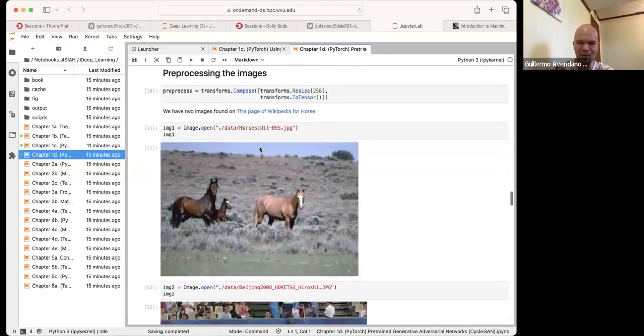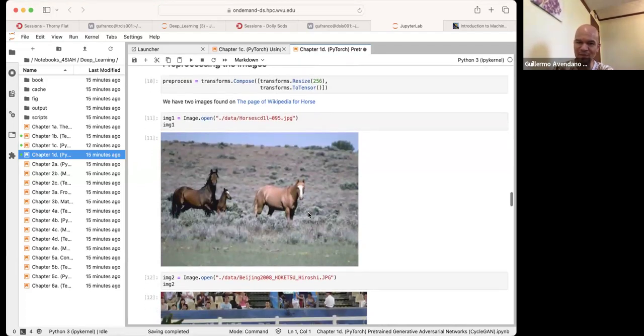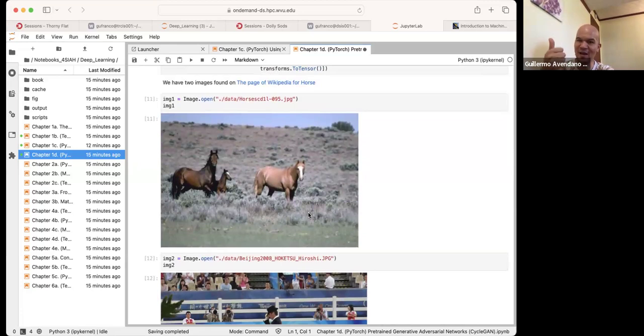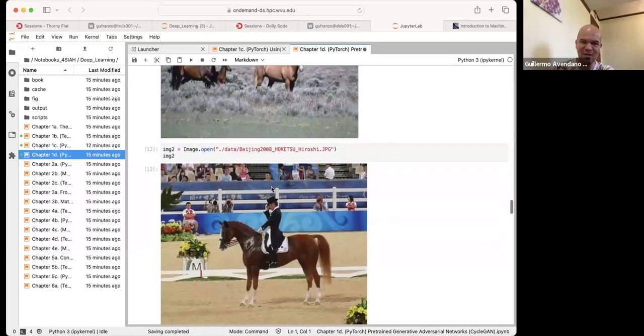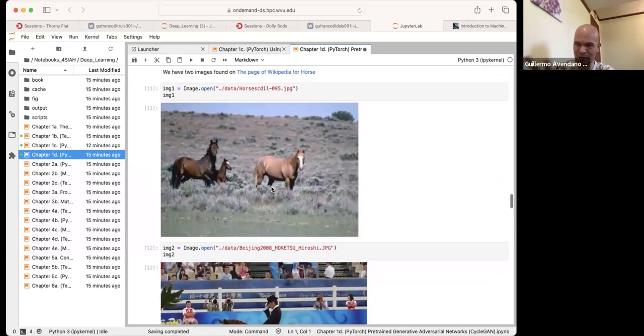This is the image that I will be using. Those are a few horses here. So the first thing, this is capable of identifying which are the horses present in the figure. That is called segmentation. That is part of the things that deep learning is capable of doing: identifying the different elements of a picture.